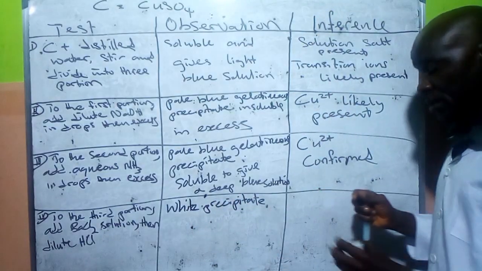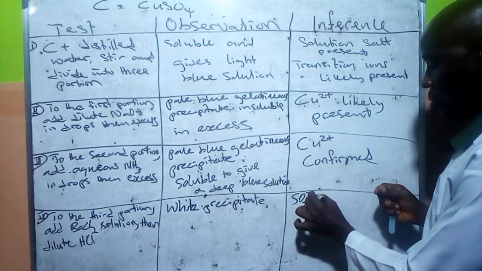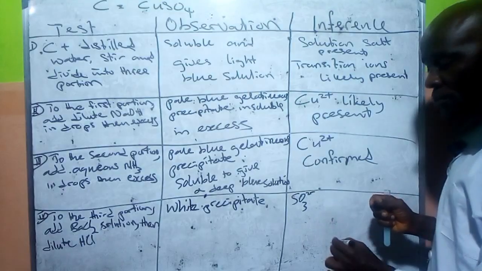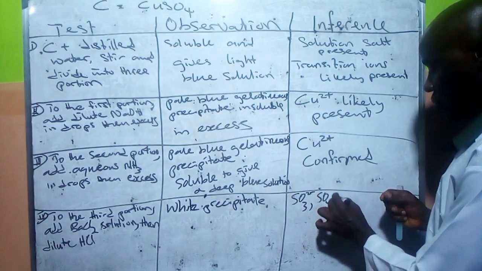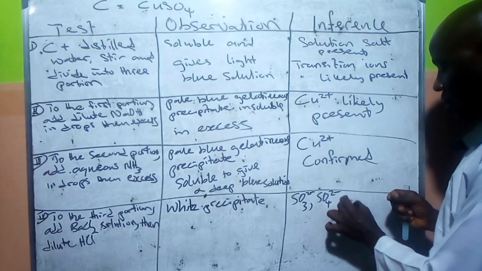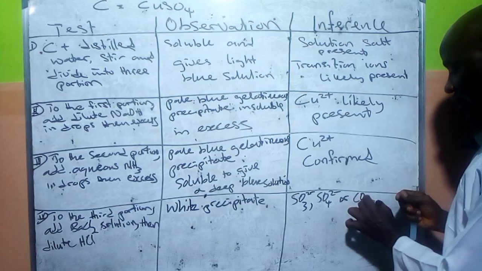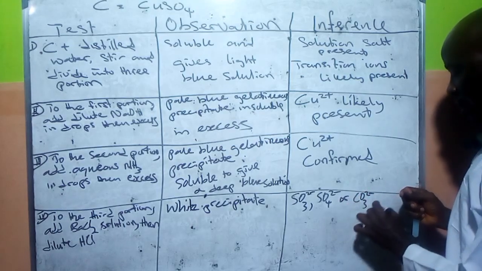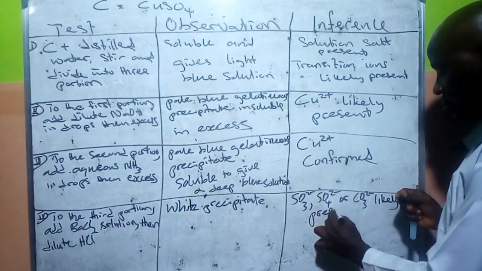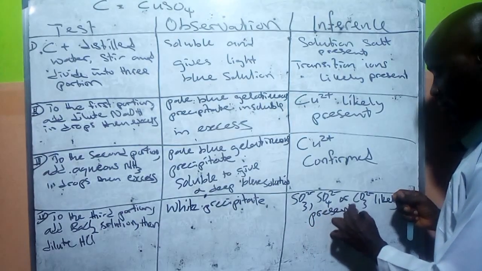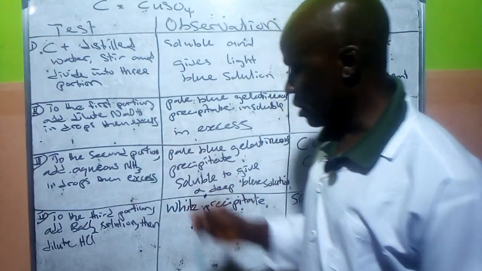This white precipitate simply means that we are likely to have sulfite (SO3 2-), sulfate (SO4 2-), or carbonate (CO3 2-) ions likely present. These are the three ions that can give you this kind of thing, but then we don't know the actual one now. We don't know the real one here.